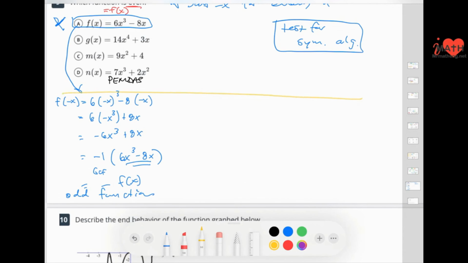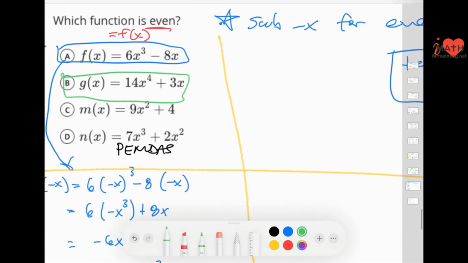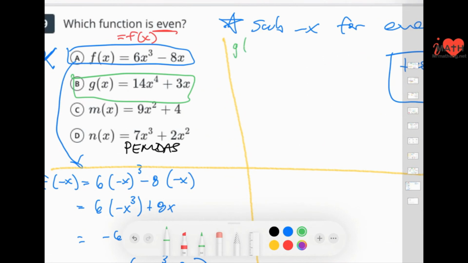Let's try another one. Let's try this one. Oops, I wanted to use green. Let's try g of x. So now, g of x, we're going to put in negative x.